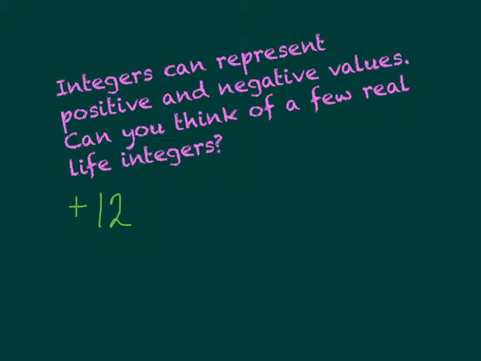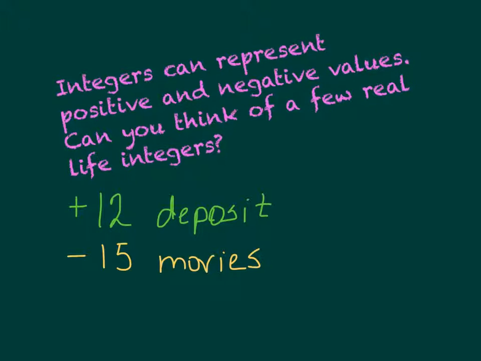Let's say I need $15 because I'm going to go to the movies. Okay, that would actually be negative $15. So I'm adding $12 with my deposit, and then I'm going and taking out $15 to go to the movies. Okay, so that's one example. It's a very popular example of integers having to do with money.